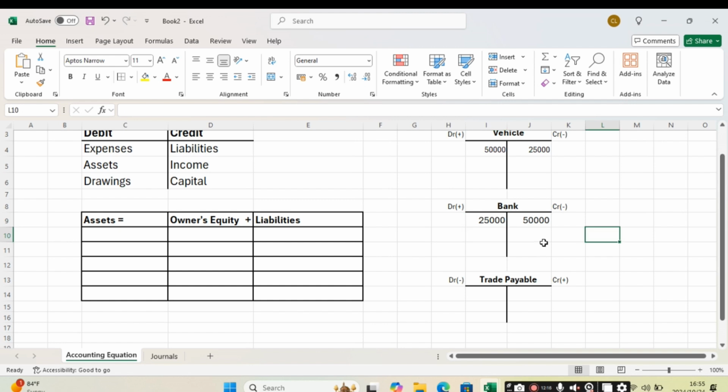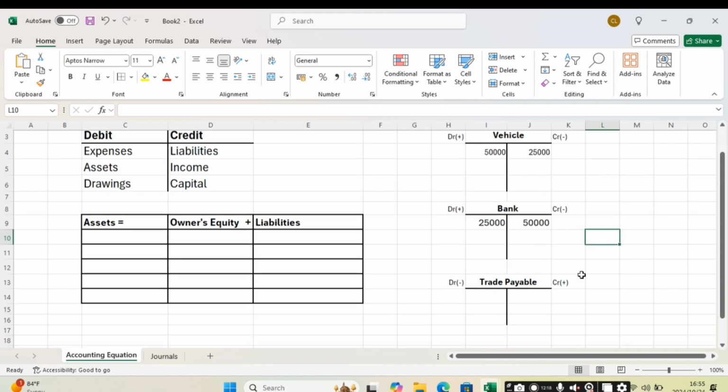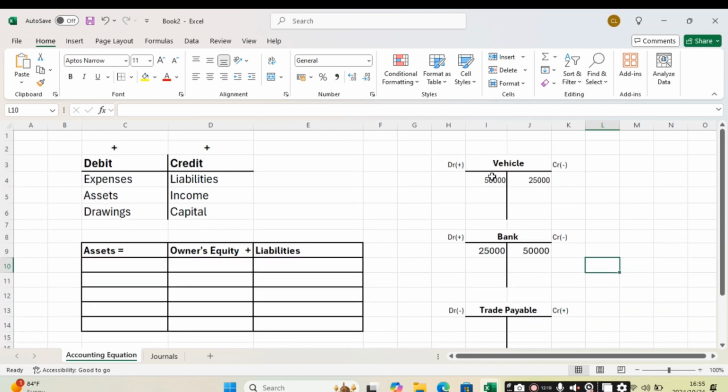Okay, we move on. Say now we're still on this vehicle. So now they're saying we bought this vehicle on credit. When we buy this, let's say we bought a 10,000 vehicle on credit.